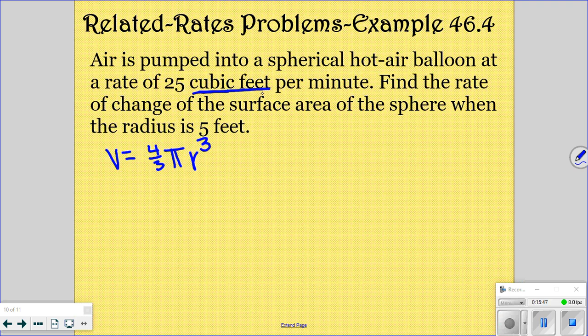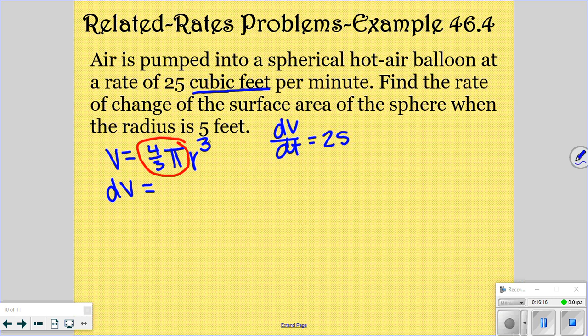And so it tells us the dV over dt is 25, the rate of change of the volume. So if we take the derivative of this with respect to t, again, this 4/3 pi is all some number, so we really just need to look at r cubed.